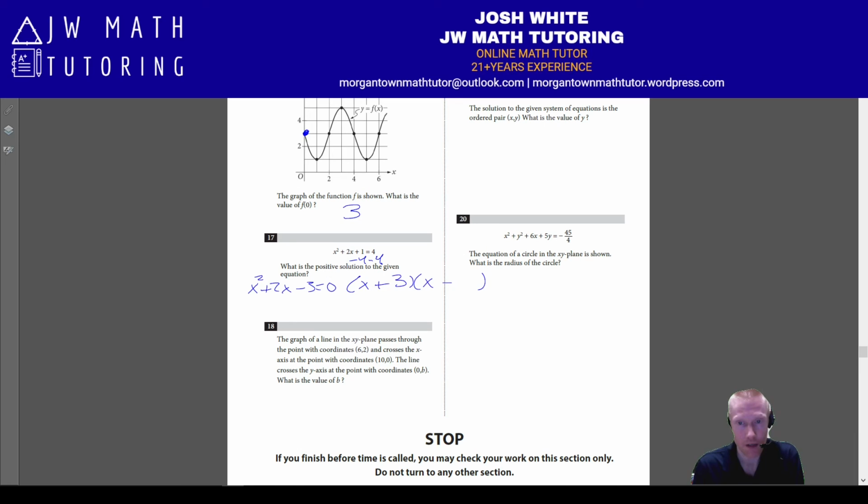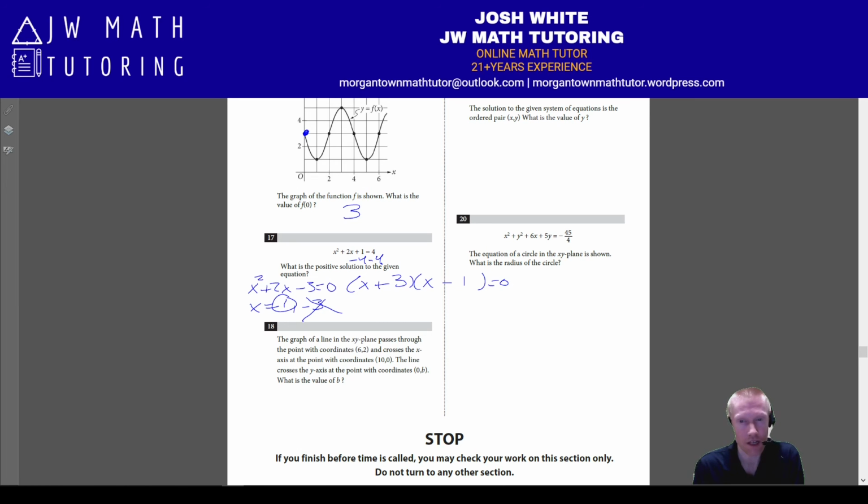And I'm going to get +3 and -1. This, of course, is equal to 0. And now when I solve these out, my two answers are +1 and -3. Of course we discard the -3, so the correct answer to this is just going to be 1. 1 is the number you're going to grid in.